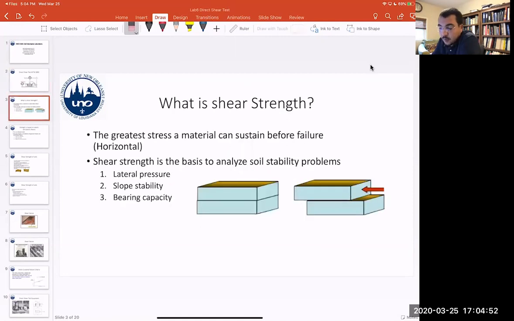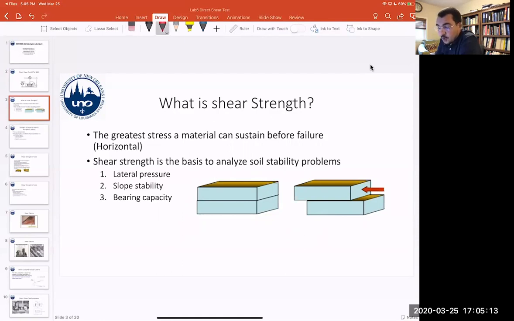From this, what we want to obtain is a shear strength. So how much shear force can you apply to this material before it fails? And this is very important in all geotechnical engineering design and testing.